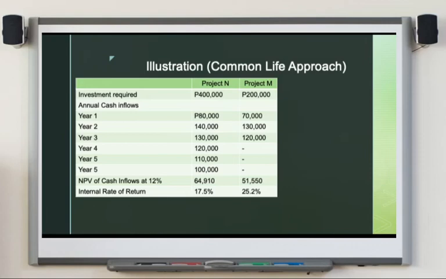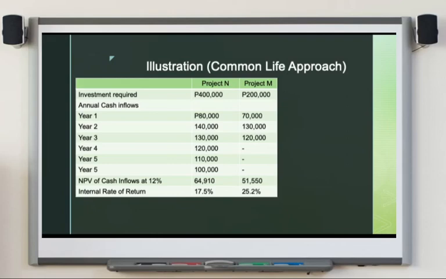Also, we can notice that Project M could be reinvested at the end of 3 years and earn another internal rate of return within the next period of 3 years, which is also equivalent to the lifespan of Project N. This one is 6 years.